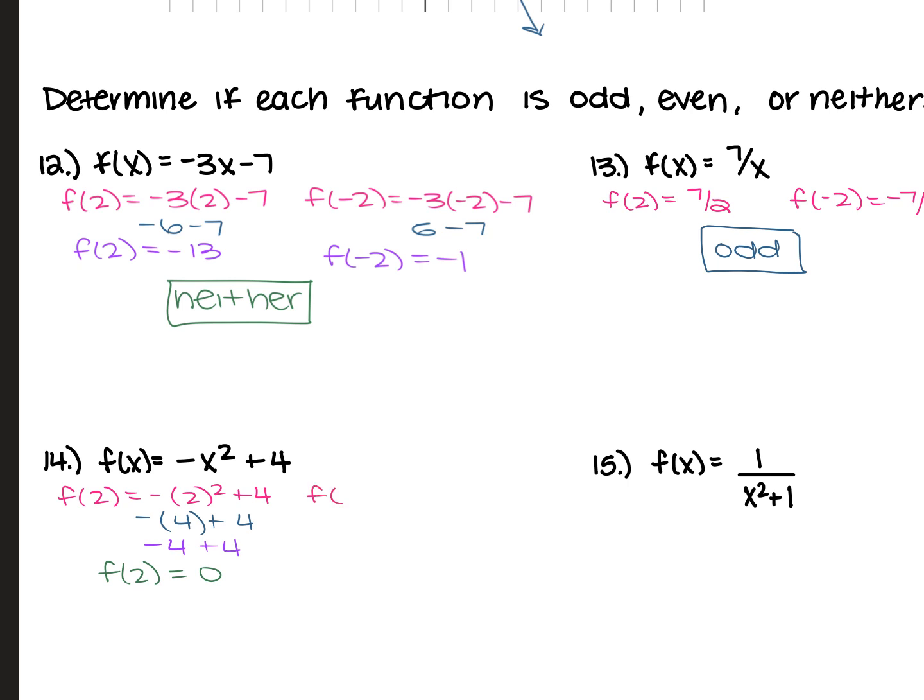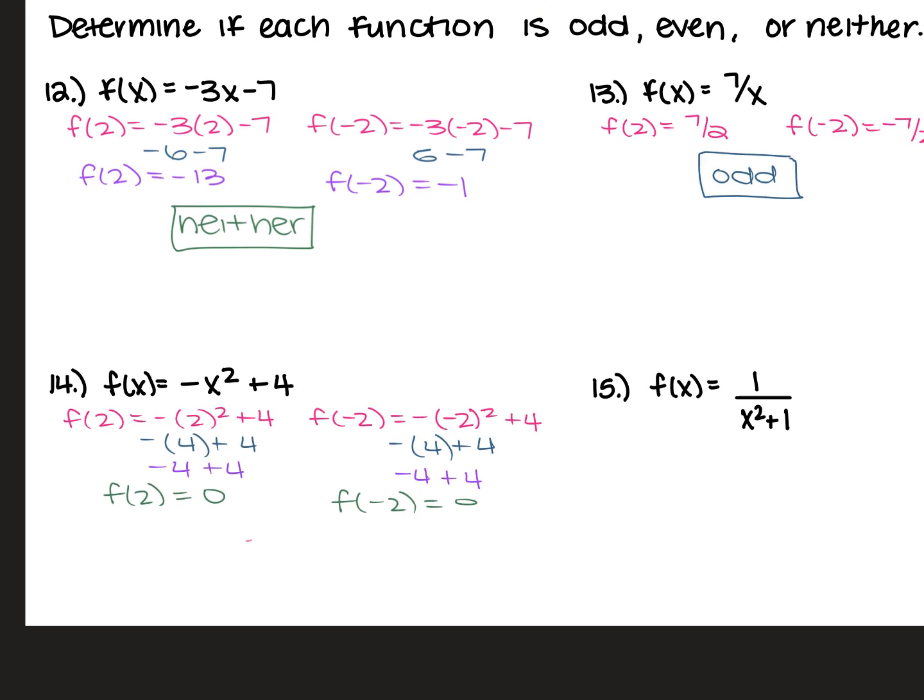If we also find f of negative 2, that's going to be the opposite of negative 2 squared plus 4. Negative 2 squared is 4, so that's going to be the opposite of 4 plus 4, which is the same thing that you had in the other one. So that's negative 4 plus 4, just 0. These two are the same number, so the function is even.